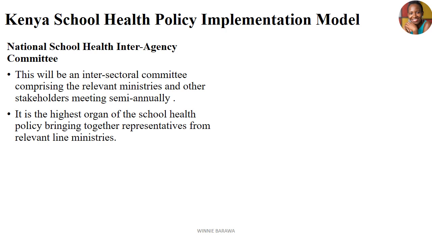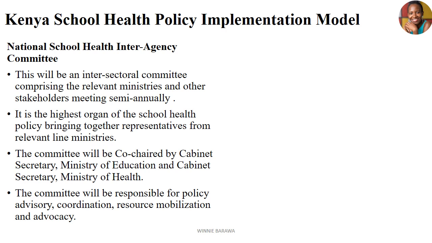So moving on, we have the third part, and that is the National School Health Interagency Committee. We are informed that this committee is an intersectoral committee that has relevant ministries and other stakeholders, known to be meeting semi-annually. It is the highest organ of the school health policy and brings together representatives from relevant ministries. So it has several ministries.